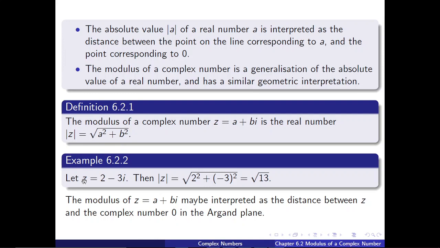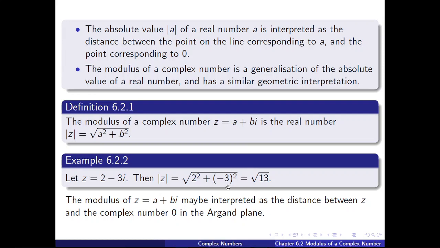As an example, example 6.2.2 in the textbook, suppose we've got z equal to 2 minus 3i. Then the modulus of z will be equal to the square root of 2 squared plus minus 3 squared, which is 2 squared plus 3 squared, which is equal to the square root of 13.